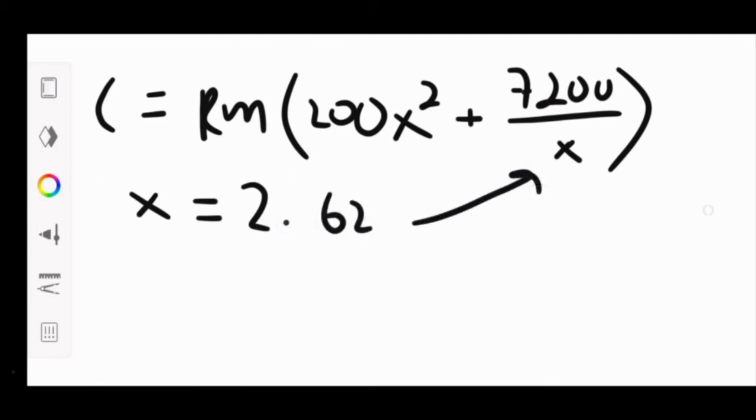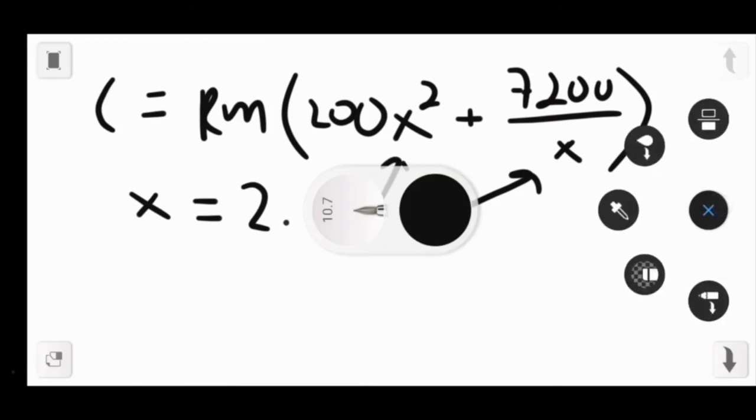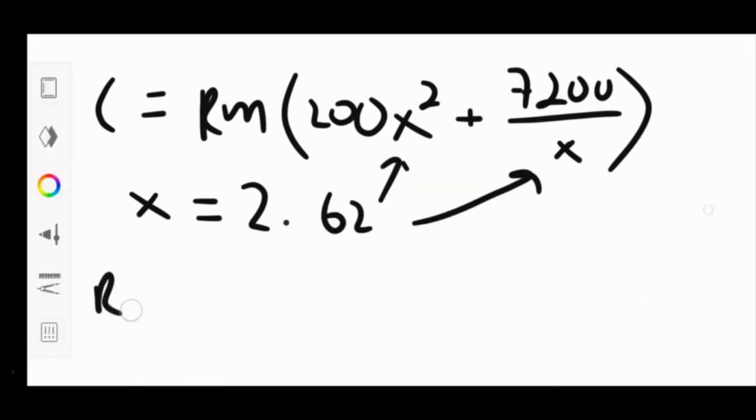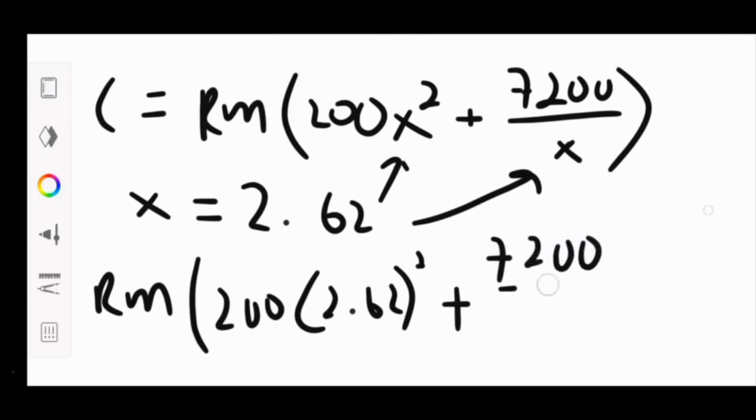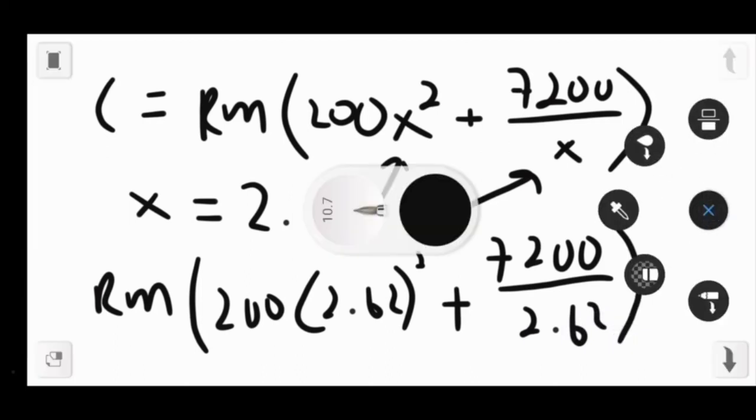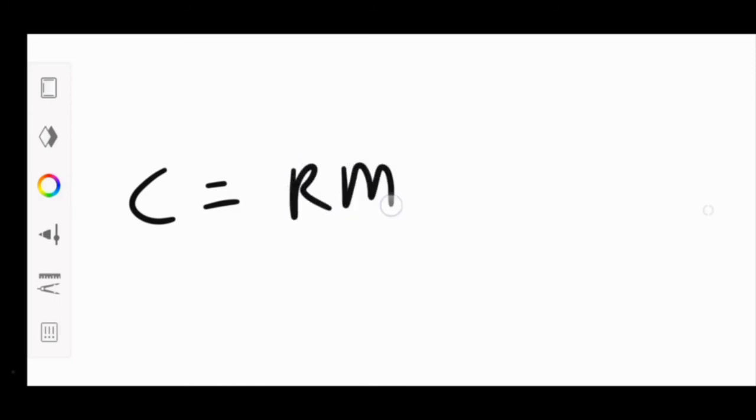We need to substitute it in, and it will become RM (200 times 2.62 squared plus 7,200 over 2.62). After calculating it, the final minimum cost is RM 4,121.